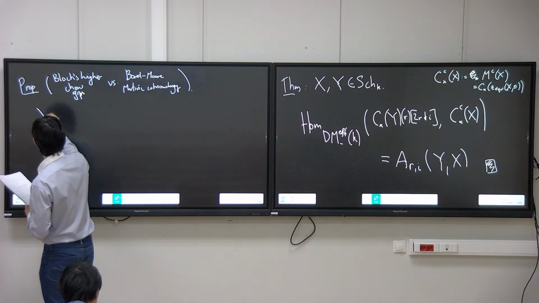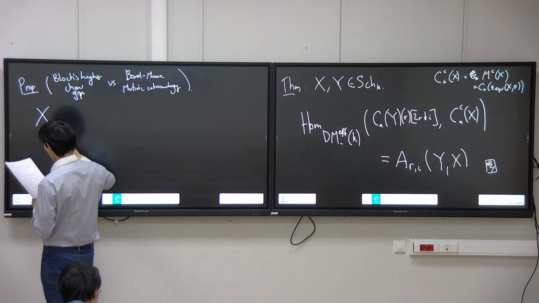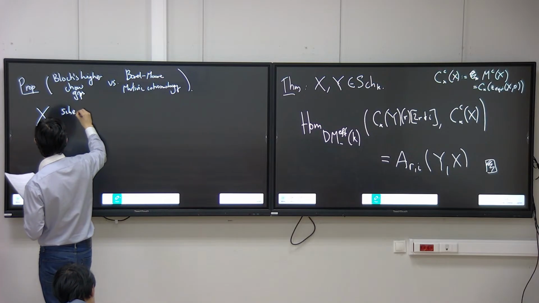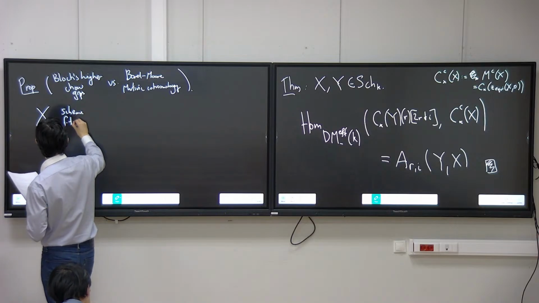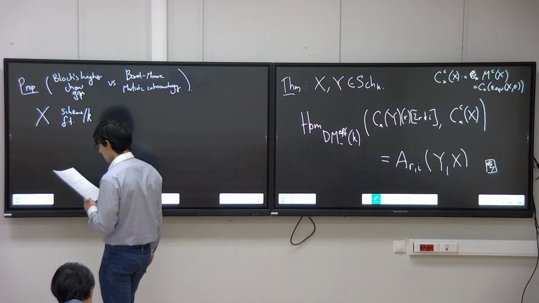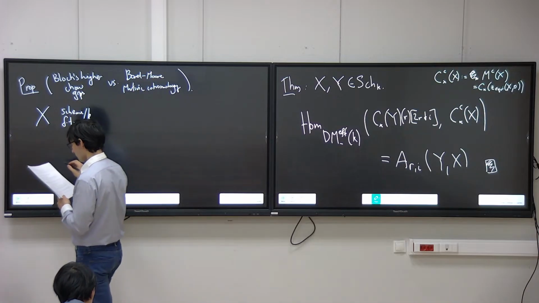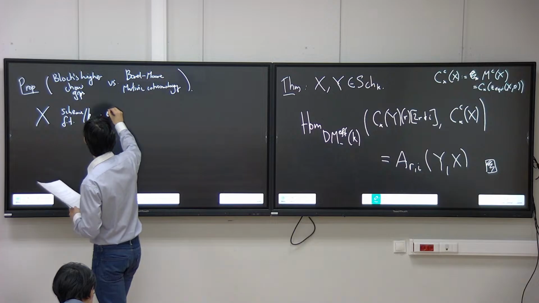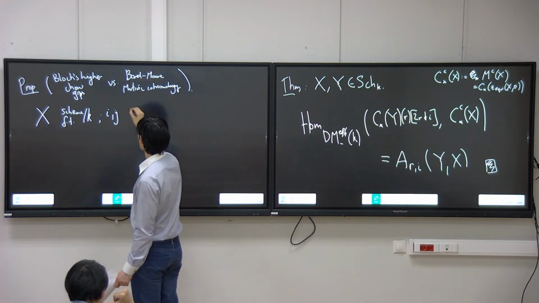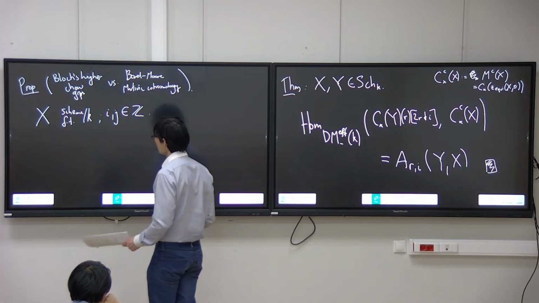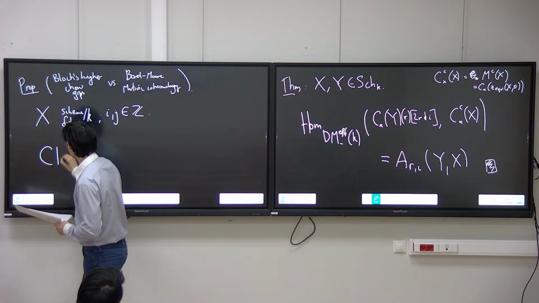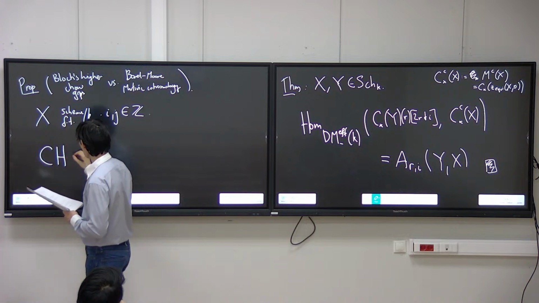X will be, let's say, just a scheme of finite type over K. And then for this, there will be two indices, one for the twist, one for the shift. So i, j will be some integers. And so I want to study the higher Chow groups.